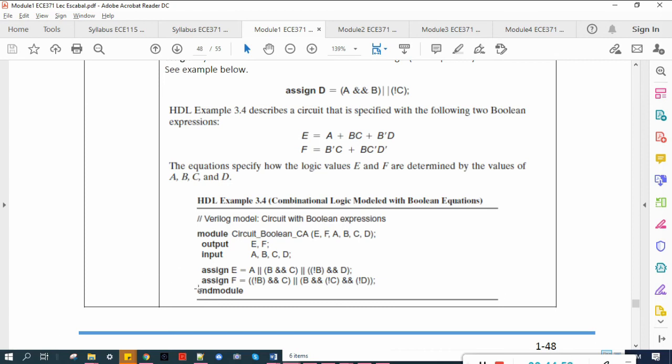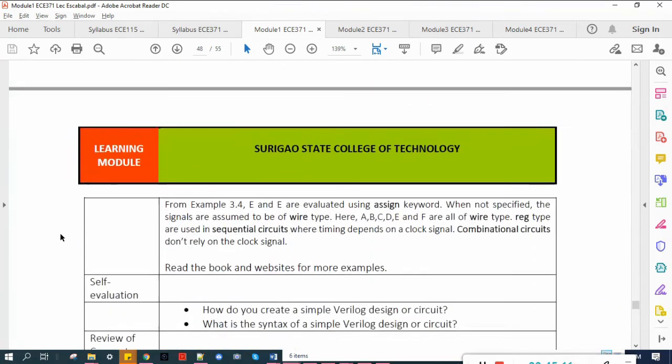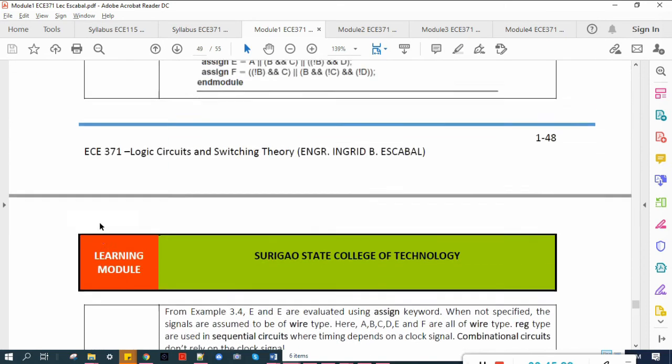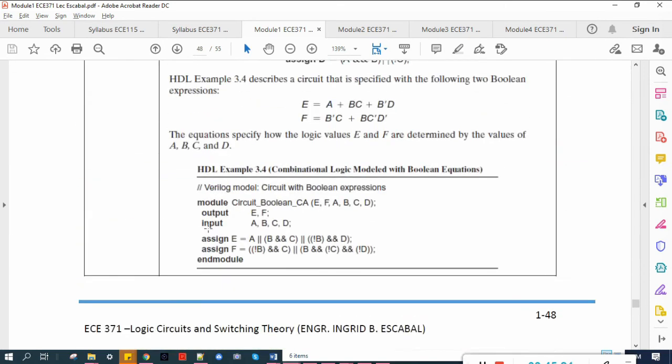That's how we use the assign keyword to denote combinational logic Boolean functions such as E and F in this example. So from example 3.4, E and F are evaluated using the assign keyword. When not specified, the signals are assumed to be of wire type. Let's check again. We did not put wire here.